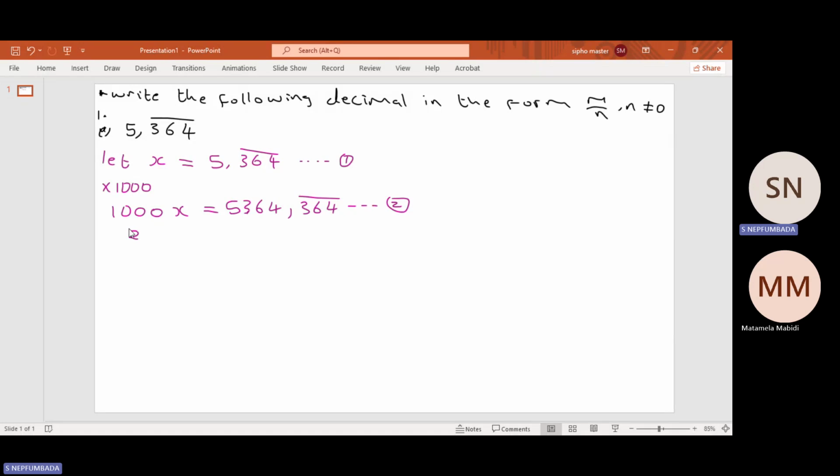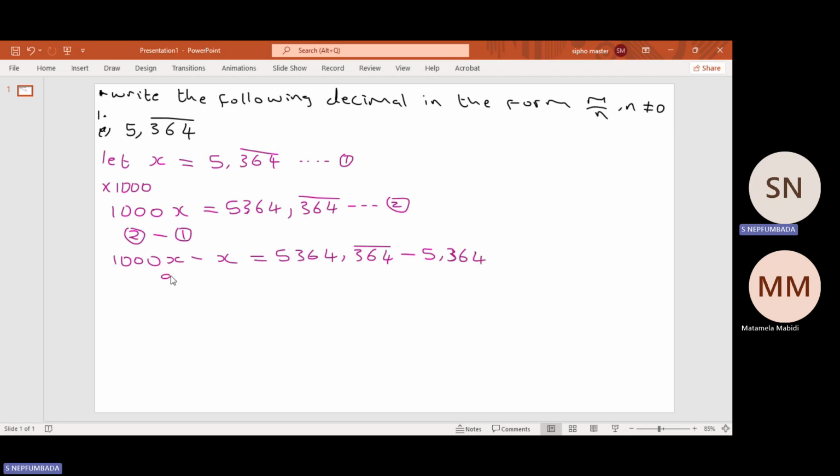Then we subtract equation 1 from it. It means we're going to have 1000x minus x equals 5364.364 recurring minus 5.364.